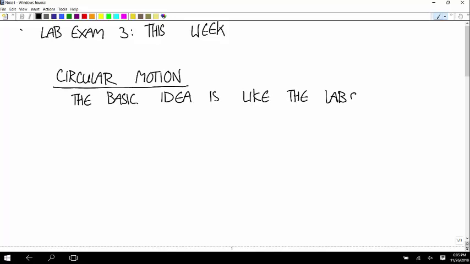So if you have an object moving in a circular path, and let's say the object's here, and it's going this way, and it's slowing down.